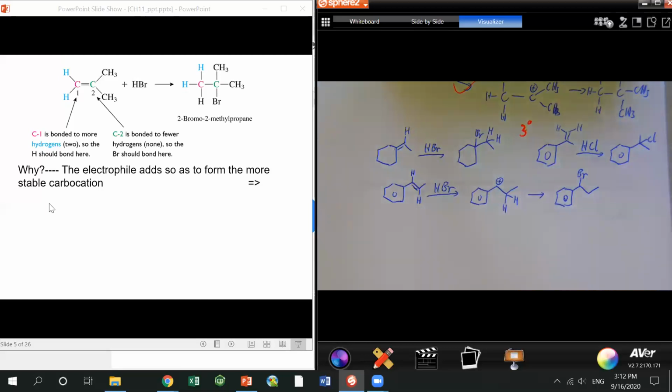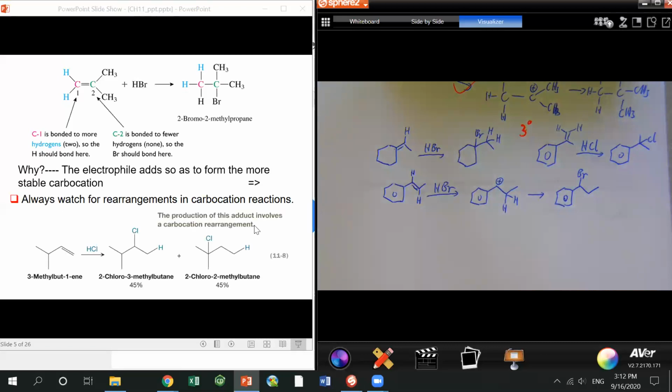All right, remember, like I said last time, this reaction generally goes through a carbocation, and one big problem is that the carbocation can rearrange. One example is shown here: we have this alkene and try to add HCl to it. Theoretically, we should get this as the major product, where the hydrogen goes to the terminal carbon and Cl goes to the internal carbon. But in reality, we also get this one.